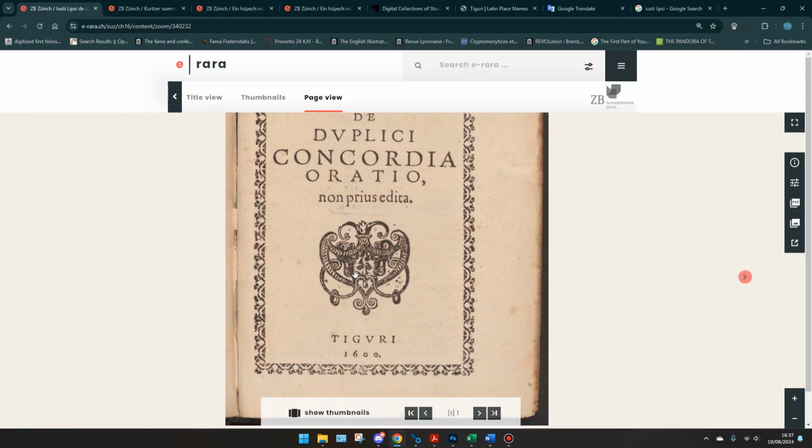So we're going to take a closer look at this, because that's us now able to show that this answer to the farmer was not printed in some secret printing press in Plitzkau. It was printed in Zurich, and this is Tigurum, that is Latin for Zurich, in the 1600s.